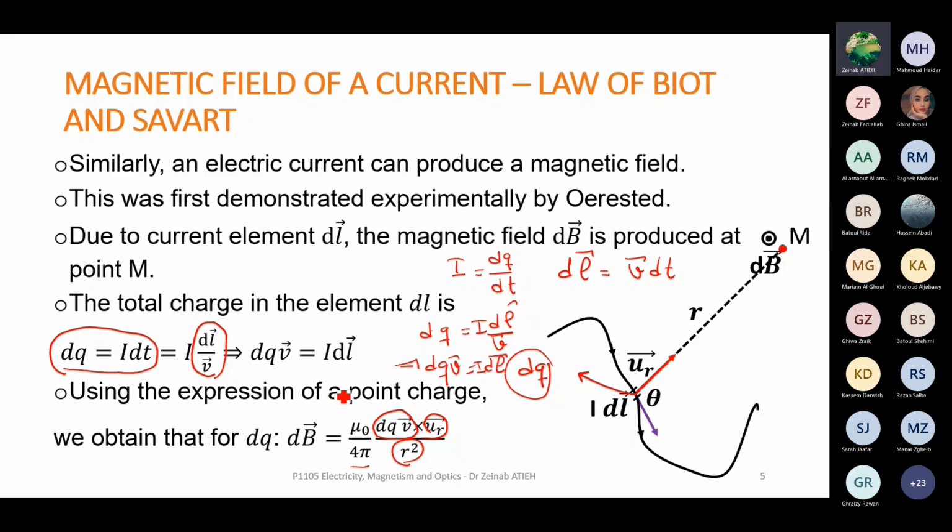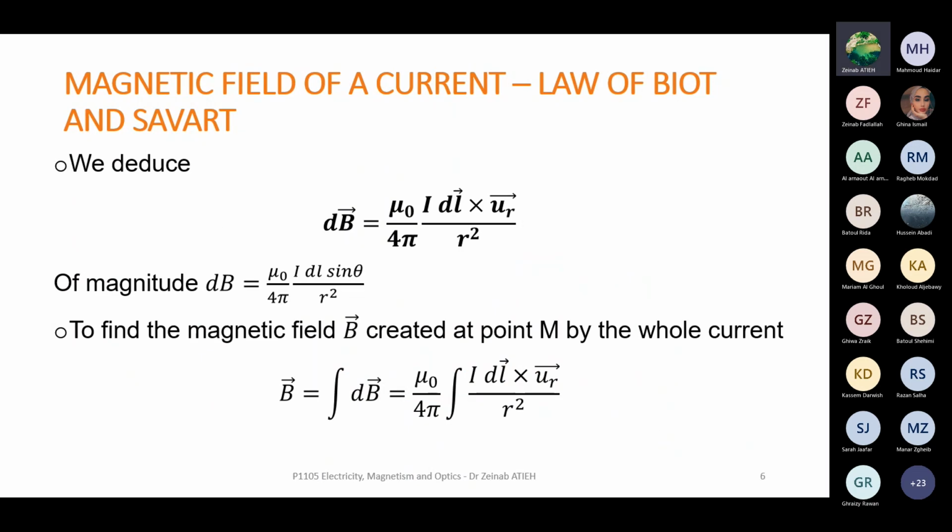I will substitute this instead of dq v. So we will get dB equals mu0 over 4 pi, I dl cross UR over R squared. I just put this in place of dq times V.